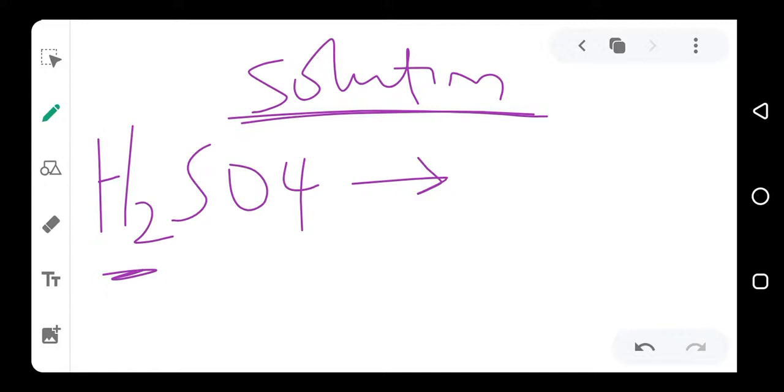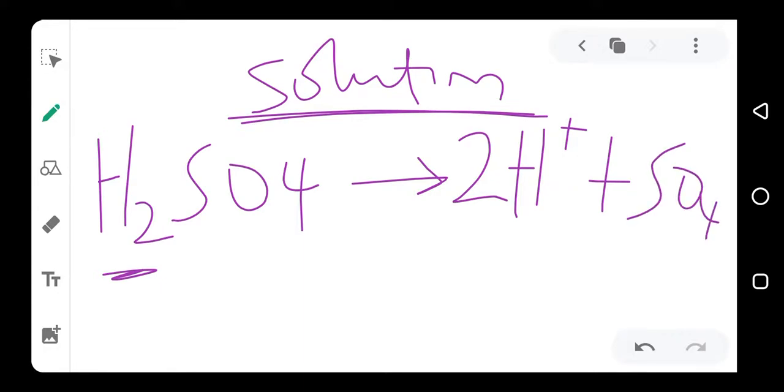So we have H2, two hydrogen. It has two hydrogen atoms, so it must give two of them as hydrogen ions. Two hydrogen ions now plus the other component of it, which is SO4 2 minus ions.